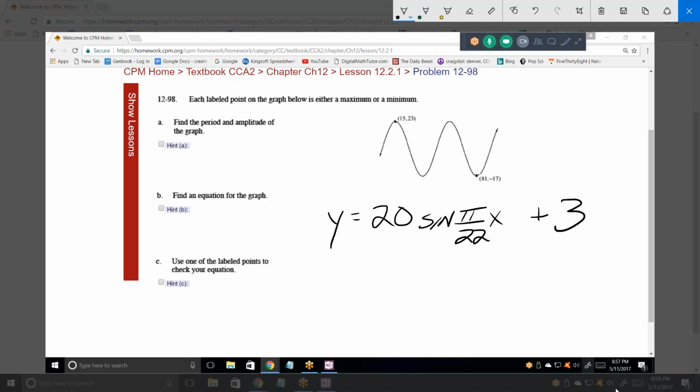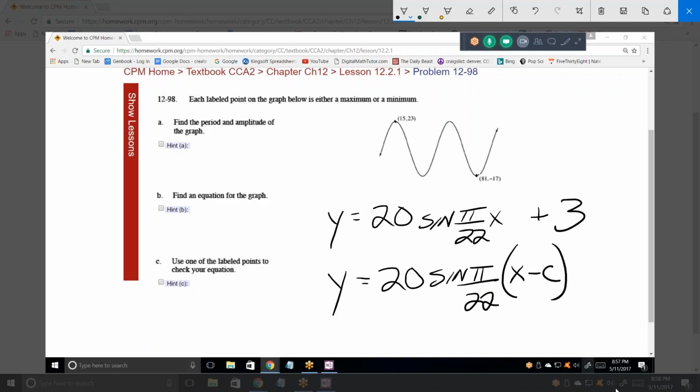So in order for this equation to work, I have to assume there's a phase shift that I don't know what it is yet. So here's what I'm going to do. I'm going to put in a phase shift that's unknown. Now I can put this point in for x and y, and notice I'll be able to solve for c.